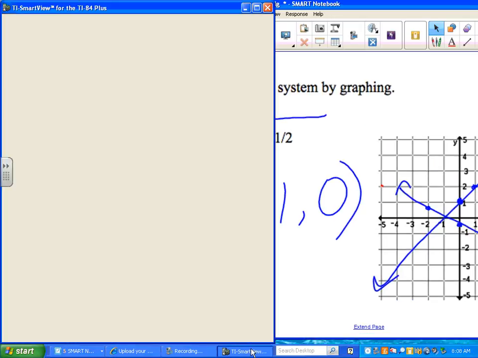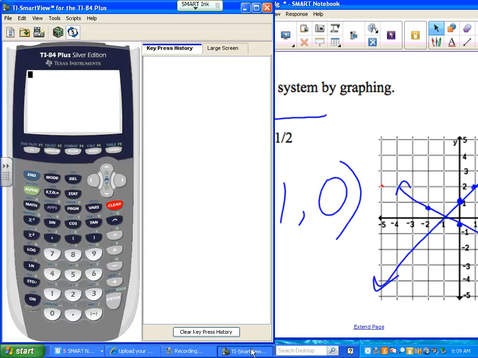When you get your calculator, go to the y equals screen. Just press y equals. Clear anything that's in there.